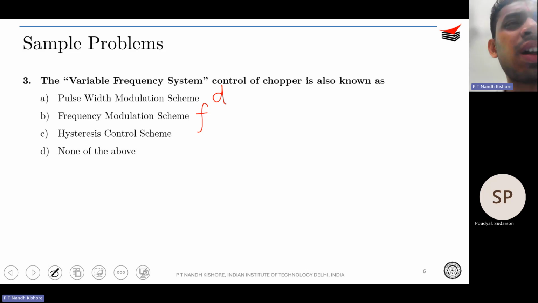So that comes under current control, and it's not exactly a modulation scheme. You turn on or turn off the device based on the current limit. So if the device current exceeds a certain limit, then you turn off the device, right? So that's your hysteresis current control scheme. Anyway, the answer to this question is pretty simple. It's frequency modulation control.